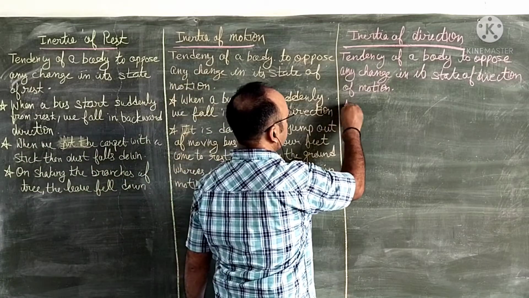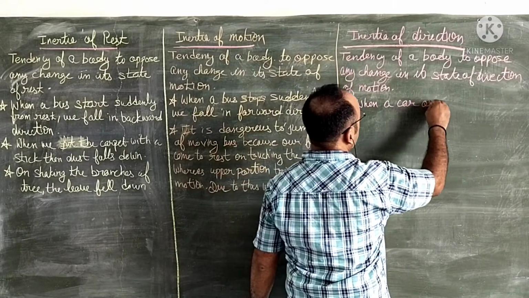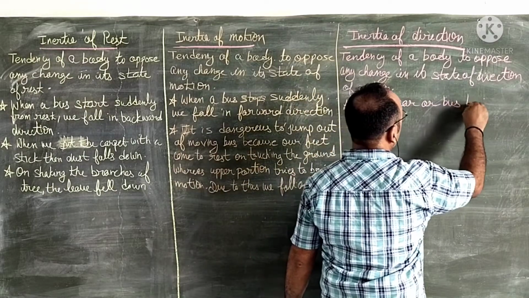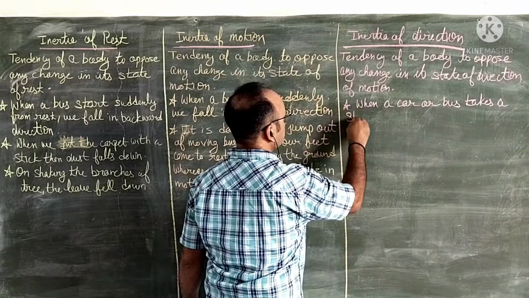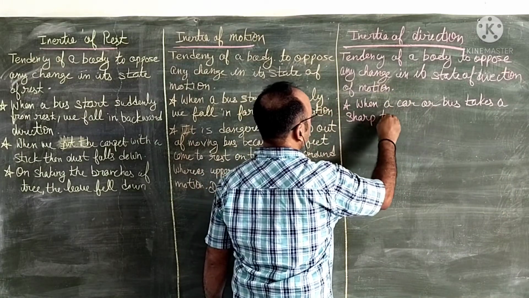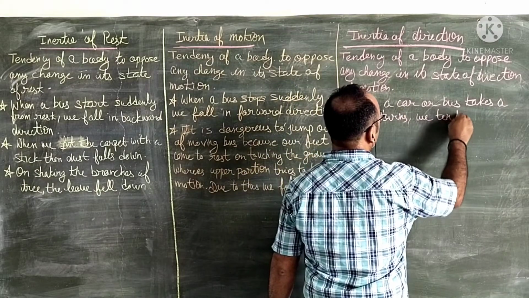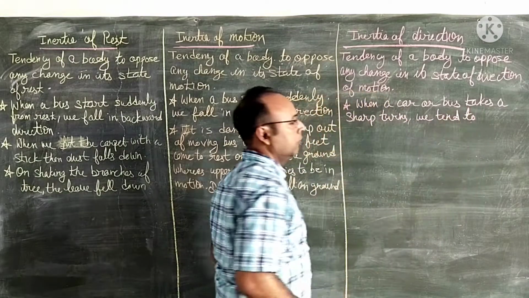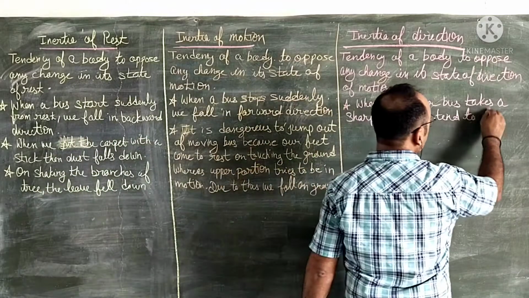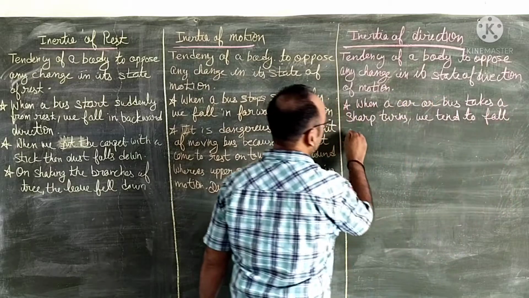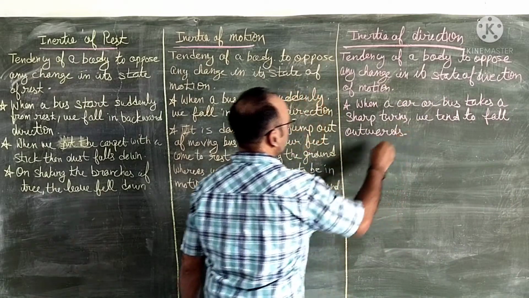So when a car or bus takes a sharp turn, we tend to fall outwards.